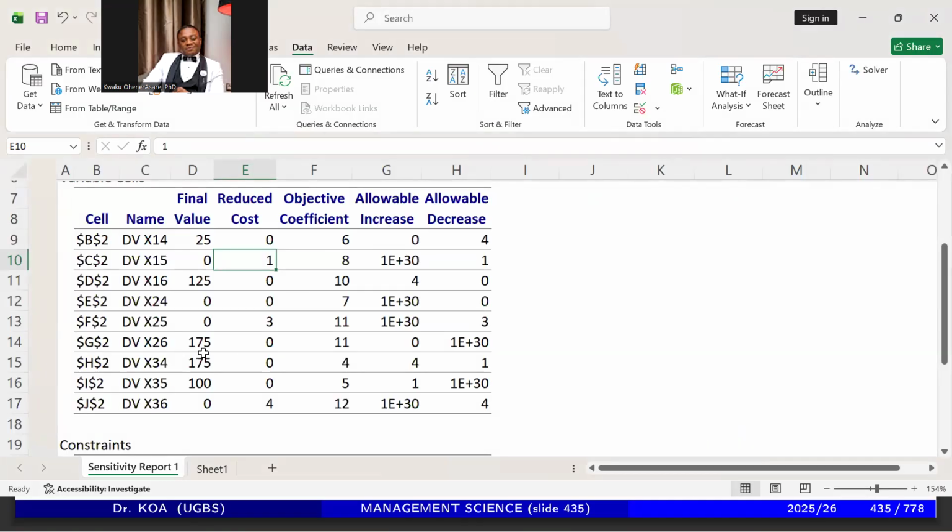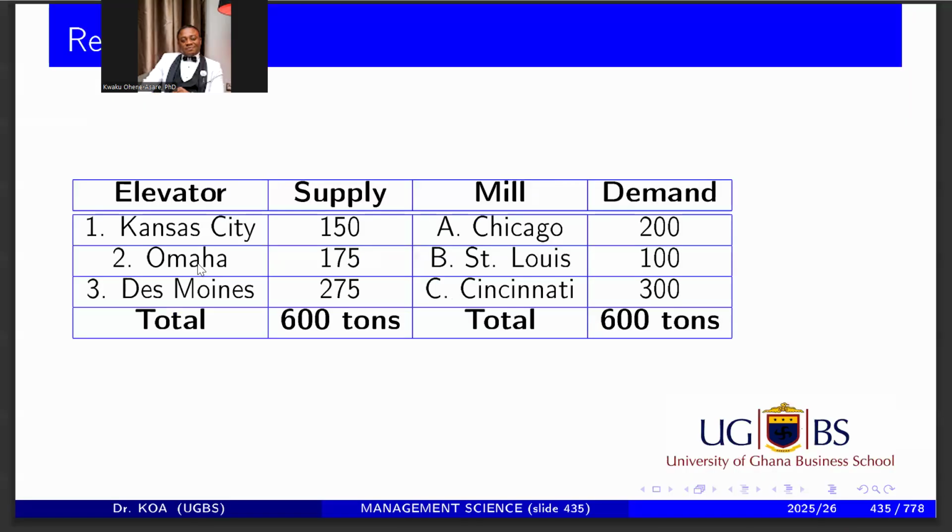It didn't. Look, St. Louis is 0. So what did it do? It sent the rest of the 125, all of them to Cincinnati.